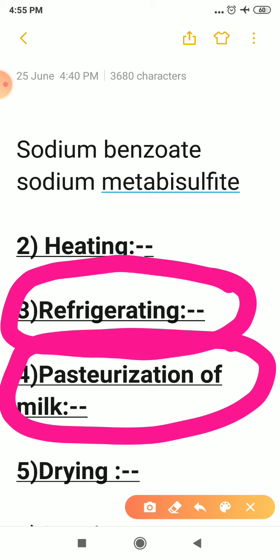By this, we can prevent the growth of microbes in milk, and we can keep milk for a longer duration. This process of suddenly heating at 70 degrees centigrade for 15 to 30 seconds and suddenly cooling it is known as pasteurization. It was discovered by a scientist, Louis Pasteur.